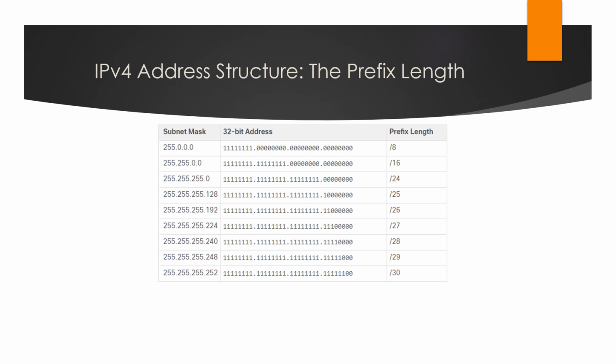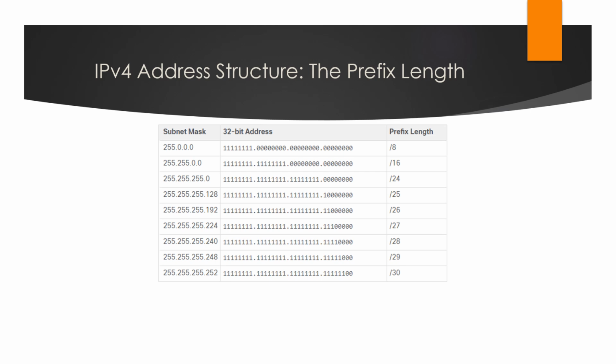If we refer to the table, we will see that the first column lists various subnet masks that can be used with the host address. The second column displays the converted 32-bit binary address, and the last column displays the prefix length for each of them.